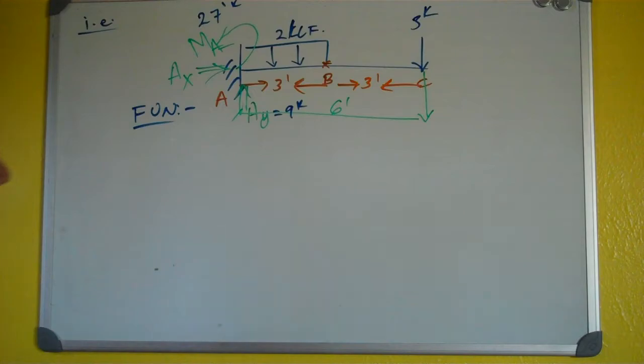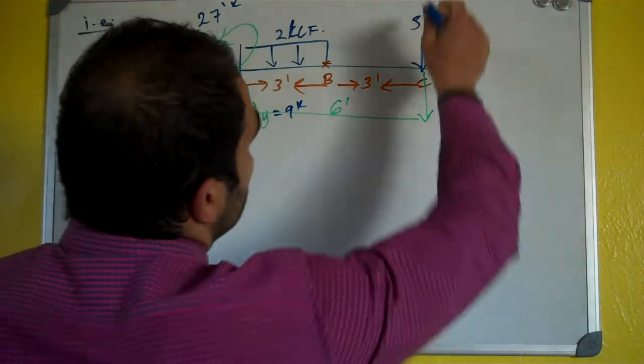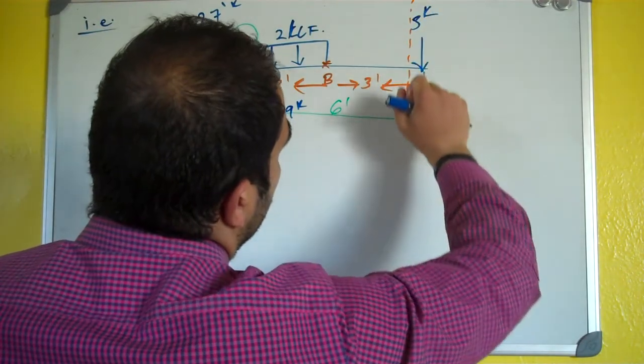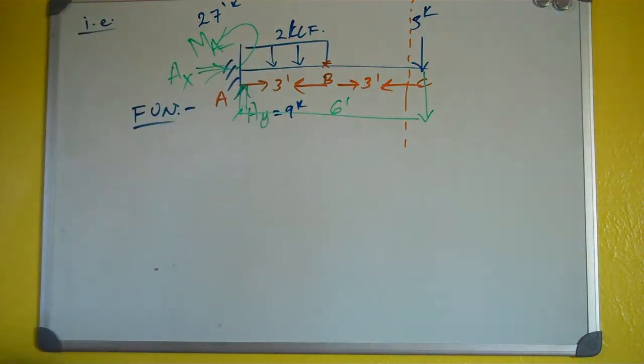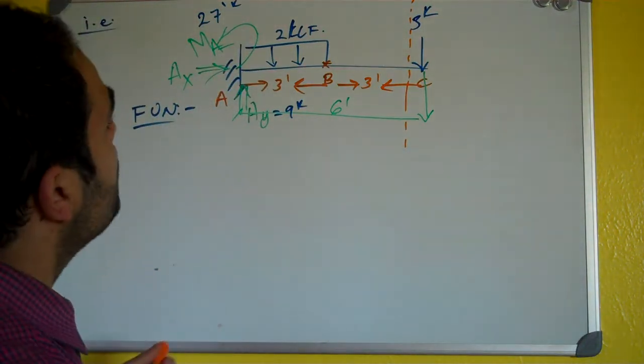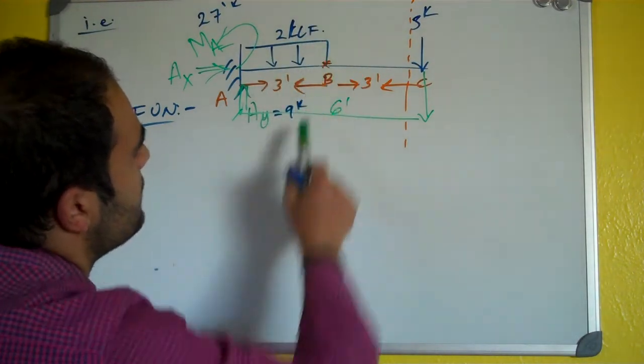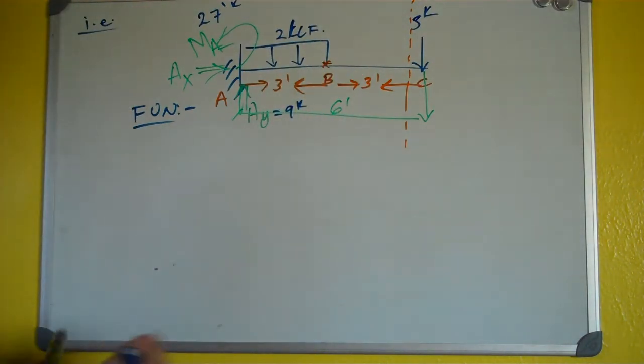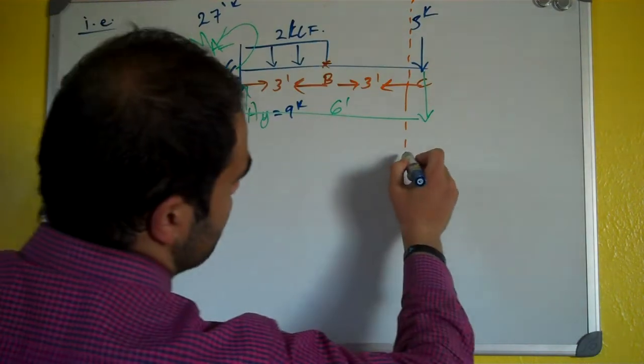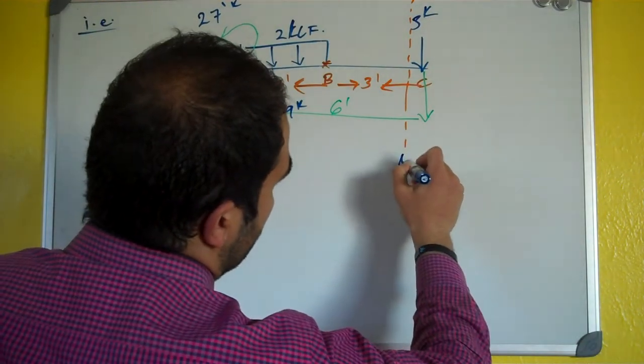If I am cutting a section right there, you will probably tell me, Newton, you told us that if you have a continuity point, you want to cut there. Yes, you could, for sure. If I'm cutting a section here, I'm going to call it NN.